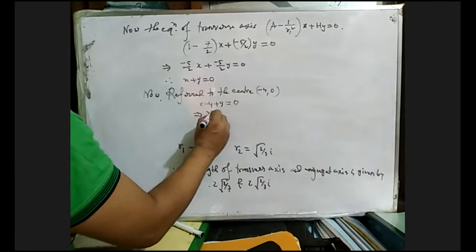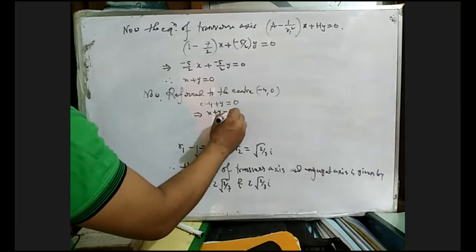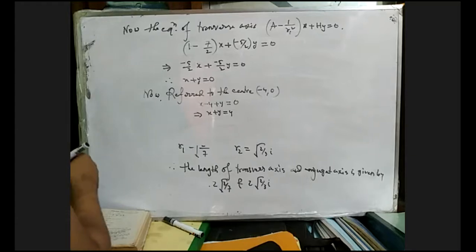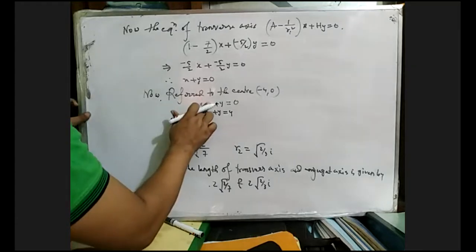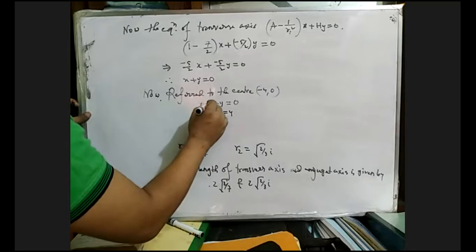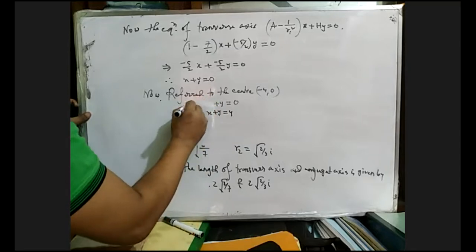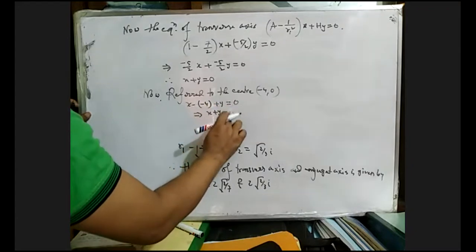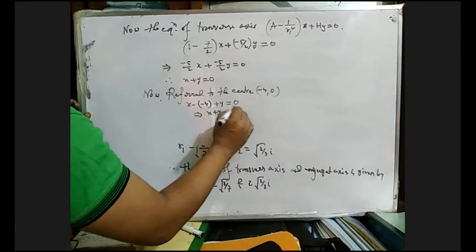That means x plus y equals 4. This is the required equation of the axis. Sorry, x minus minus 4, that means this will be minus 4. Okay.